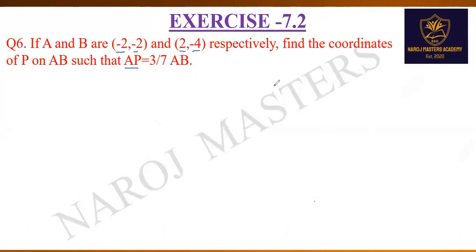If you draw a line AB, this is point A, point B. So this is line segment AB. The coordinates of A are (-2, -2) and B are (2, -4).